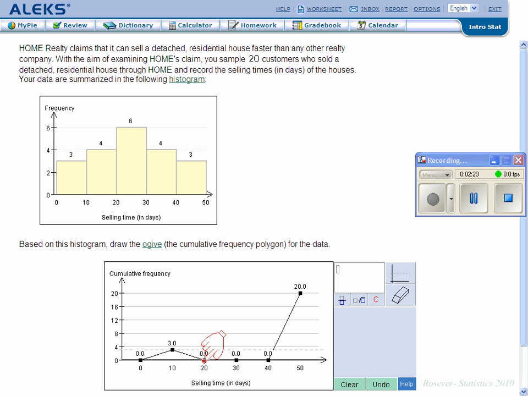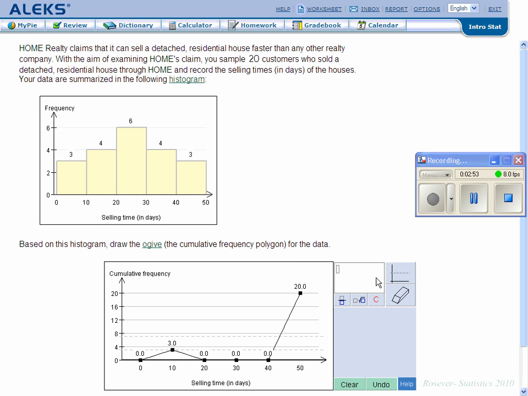I'm not going to drag this to 4 because it's cumulative. Cumulative means the sum total. Your cumulative grade in the class is your total grade up to this point. So I need to say 3 plus 4, that 7 people total had sold their house by day 20. So I need to type in a 7 here to create a line for 7.